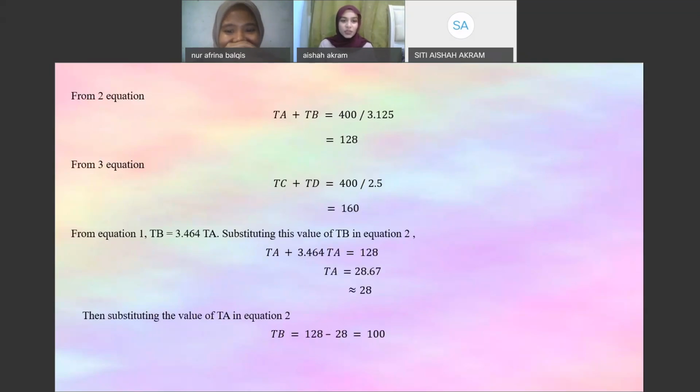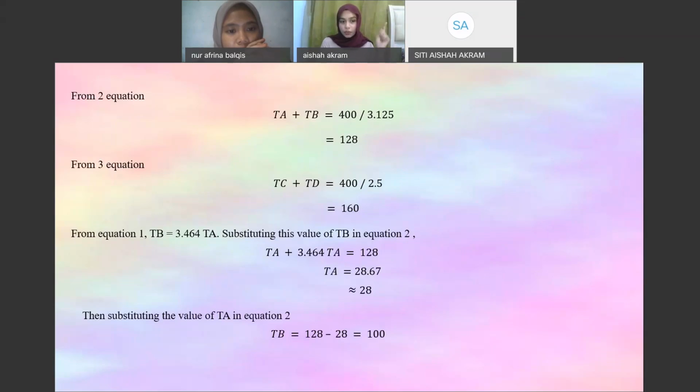Okay, from equation 2, we can assume that TA plus TB equals 400 divided by 3.125 equals 128. That means TA plus TB equals 128. And then we move to equation 3, TC plus TD equals 400 divided by 2.5, and we get 160.